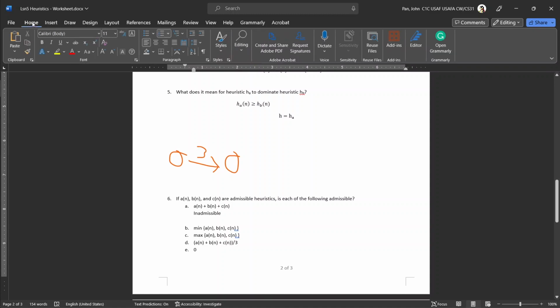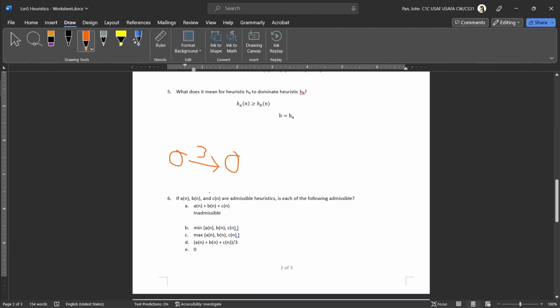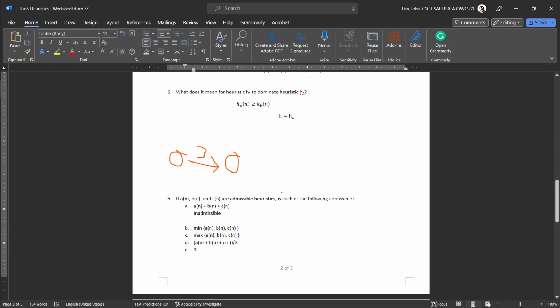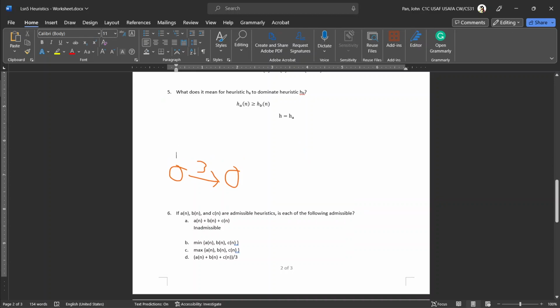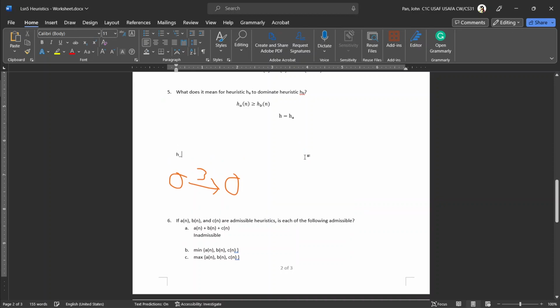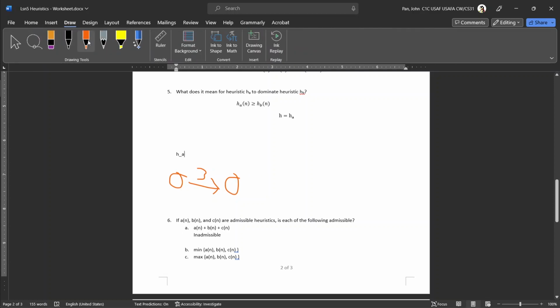And then we have one heuristic. Let's actually write the letters in.